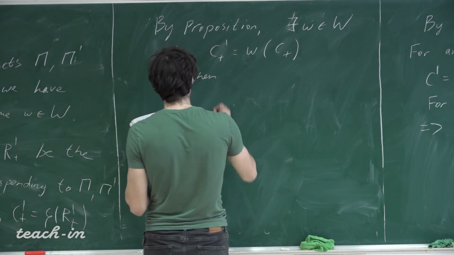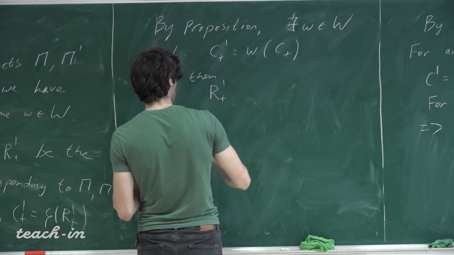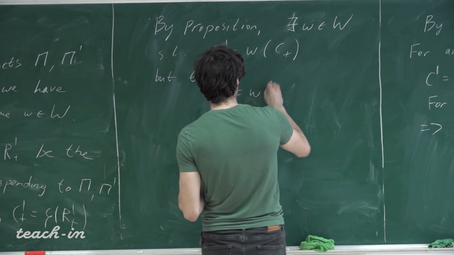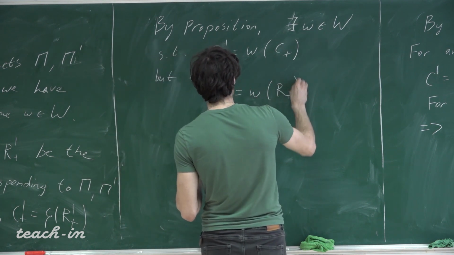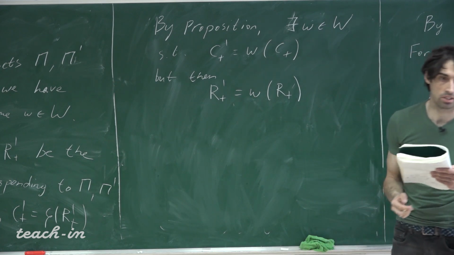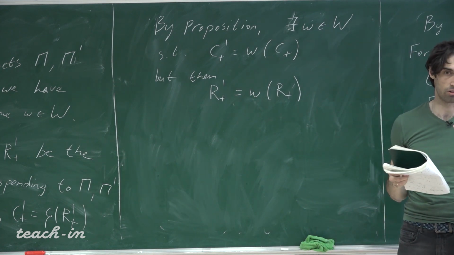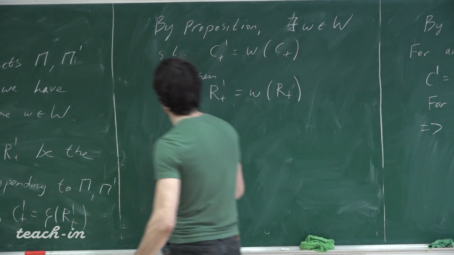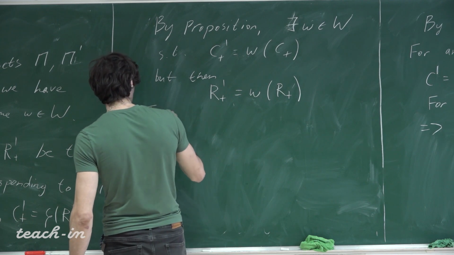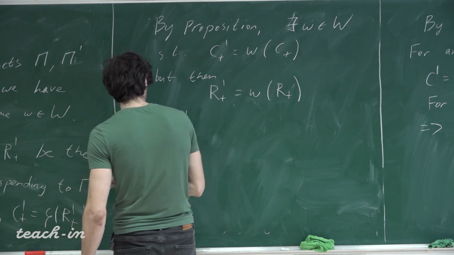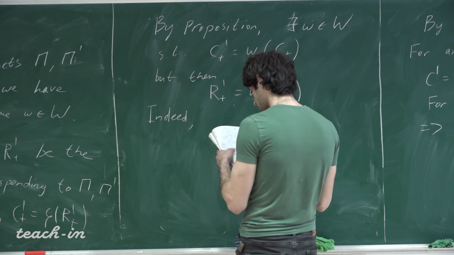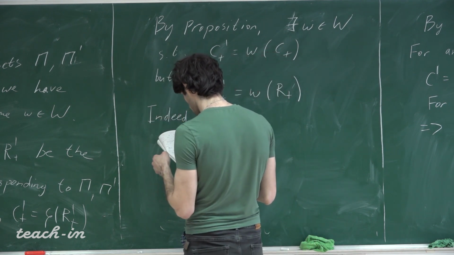So I claim that R plus prime is W of R plus. Why is that? You just need a couple of lines to see that. Indeed, so what should I take?